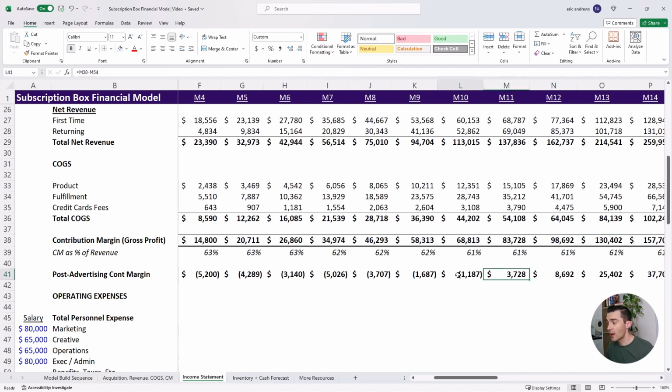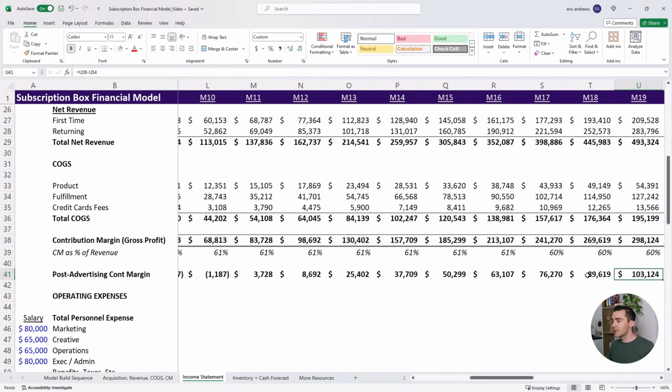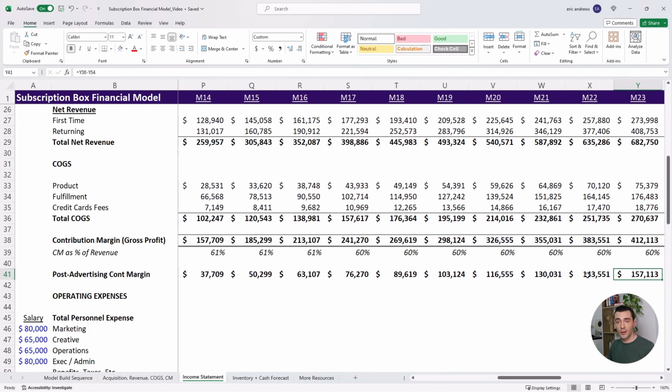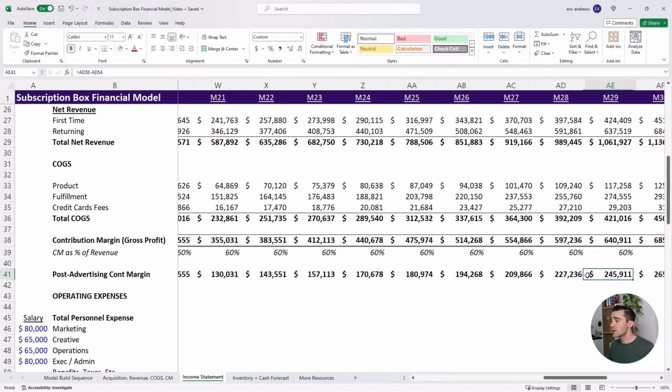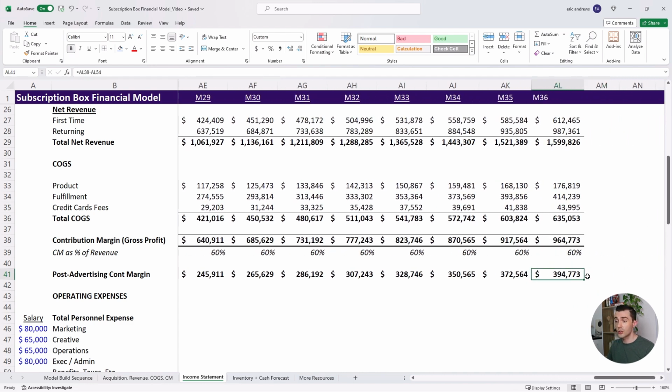And if we subtract the advertising from that, there's actually no mathematical way for your business to be profitable until month 11. But your total OPEX would still have to be smaller than this number for your business to turn a profit. So this number needs to get big if you have various employees and other expenses. By month 36, we're starting to get some very large post-advertising contribution margins. And so you would guess that this business has a shot to become very profitable.